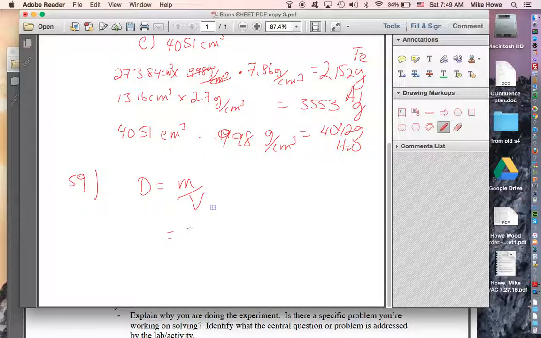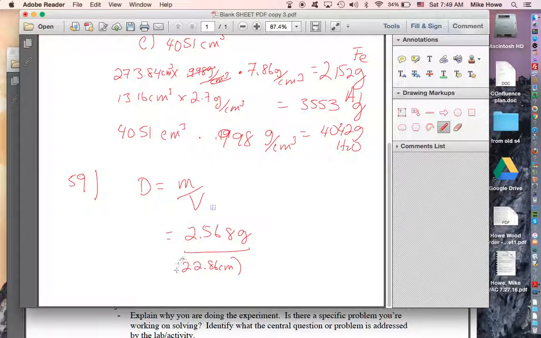We know the mass of this piece of foil is 2.568 grams, and the volume of the piece of foil is length times width times height. We know the length and the width, but we don't know the thickness, which would be the height. It's 22.86 centimeters on each side.